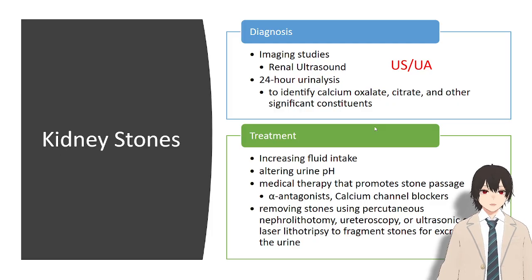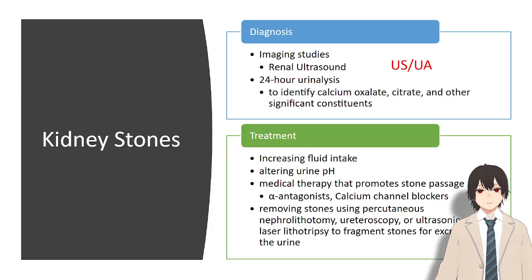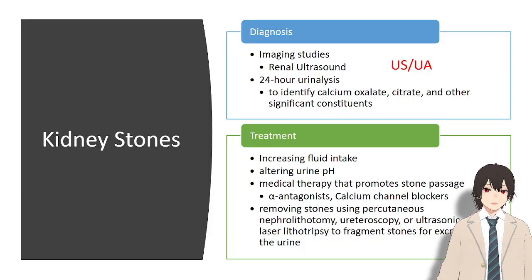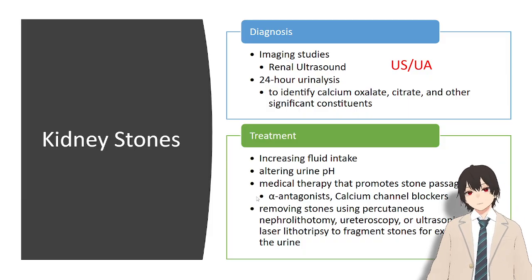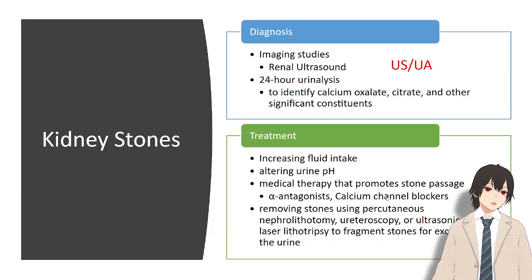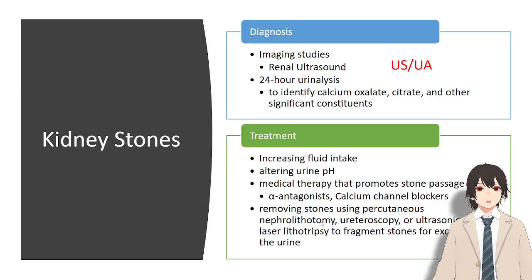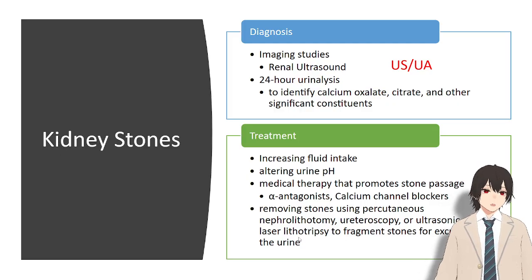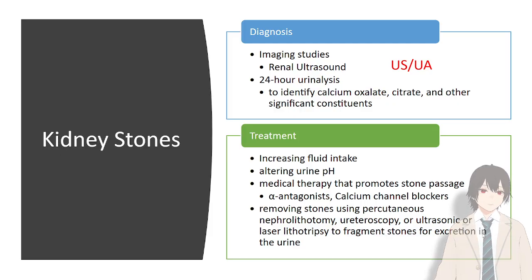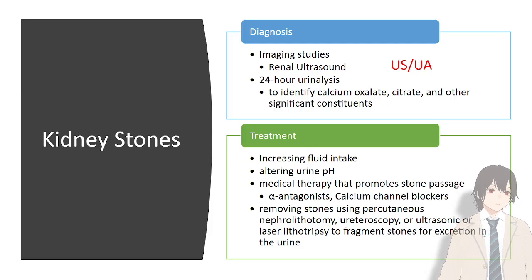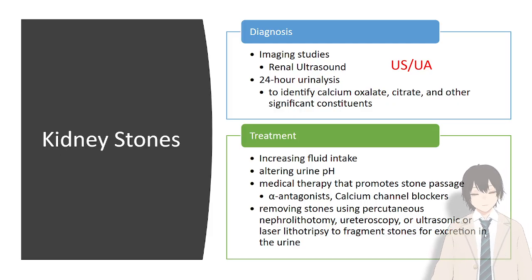Most of these kidney stones can come out by themselves, but if they really can't, there's medicines that they can take, such as alpha antagonists, such as tamsulosin, and calcium channel blockers. You can also do more procedural stuff like nephrolithotomy, which is removing the stones, or lithotripsy, where you're breaking the stones into fragments and then letting the patient pee them out, stuff like that.